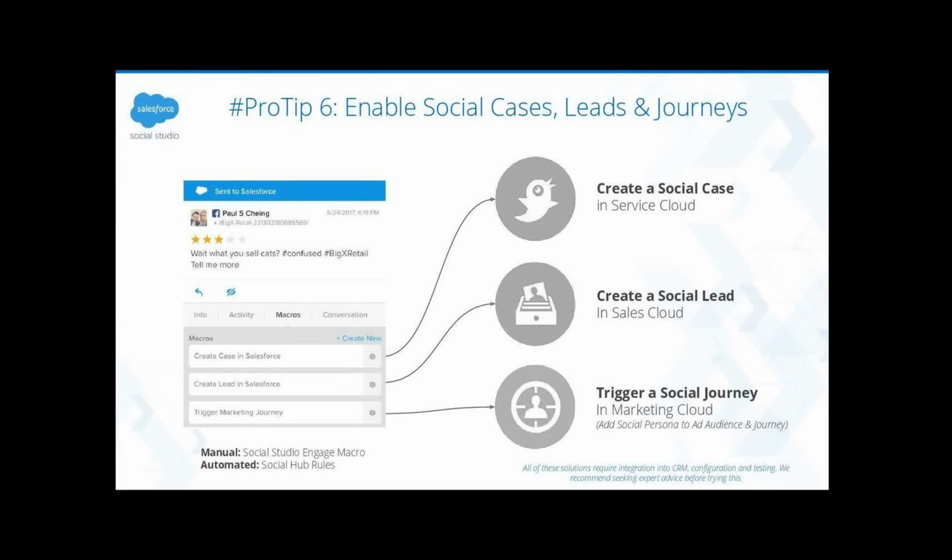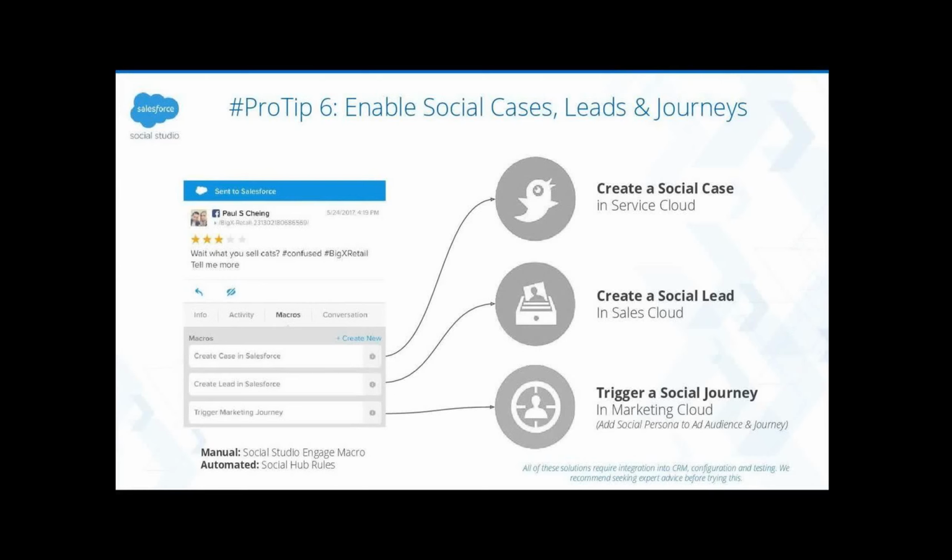Okay, so this one, I'm really excited, and this is only tip 6. Enabling social cases, leads, and journeys. If you have Social Studio and Social Hub and Service or Sales Cloud, you can integrate the 3 platforms together.